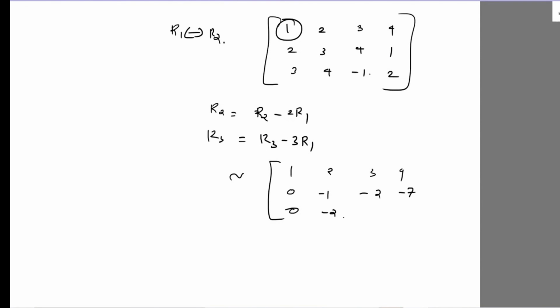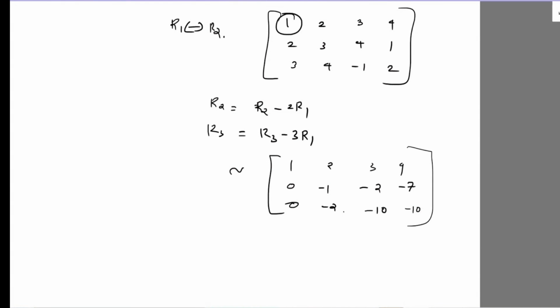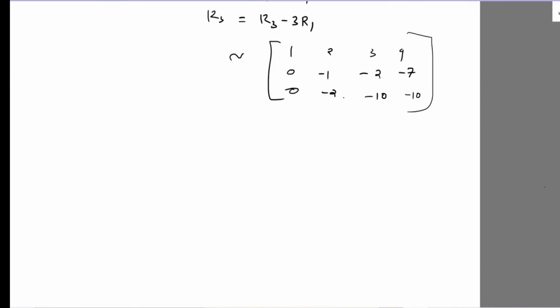Next one is minus 1 minus 9, that is minus 10. What is the next one? 2 minus 12, which is minus 10.